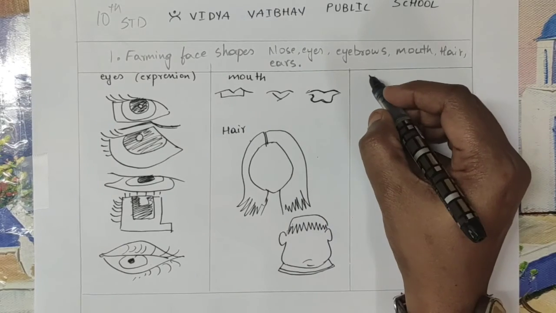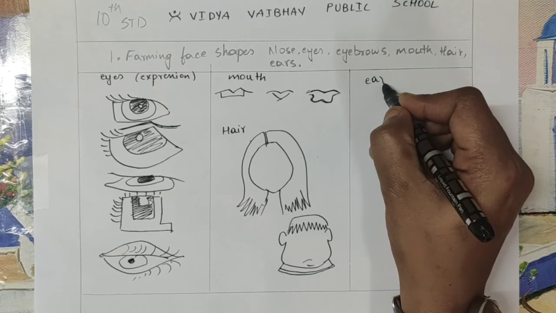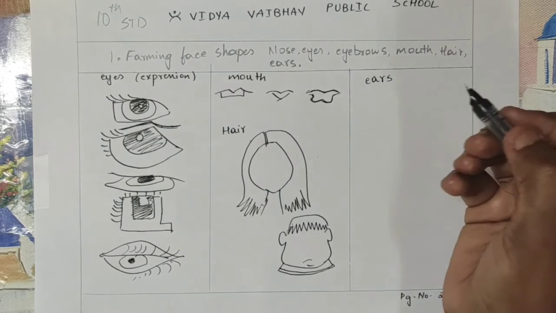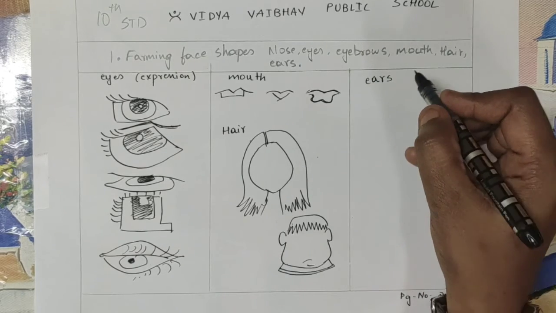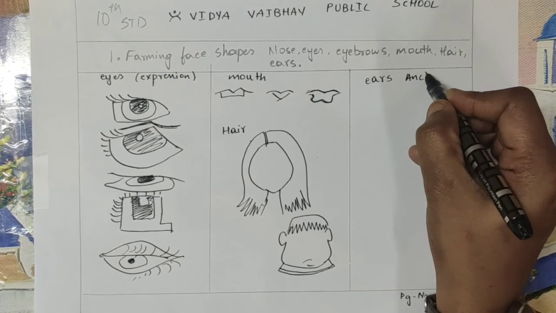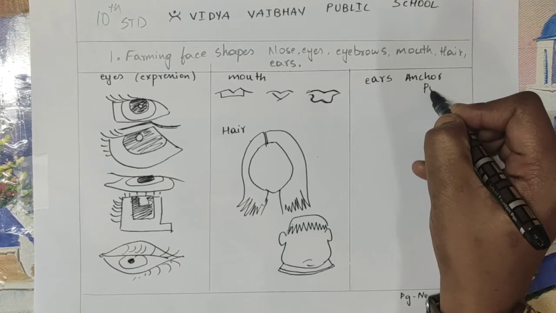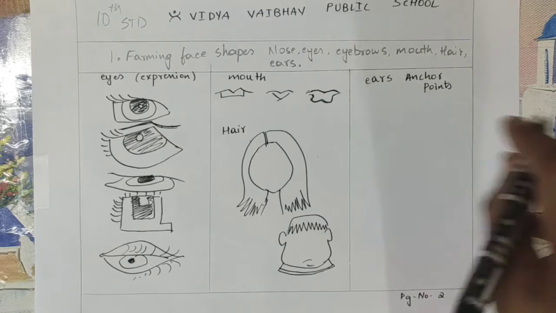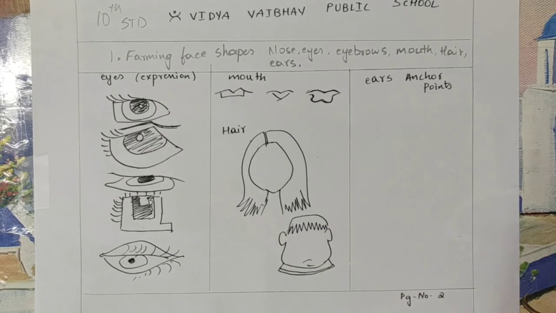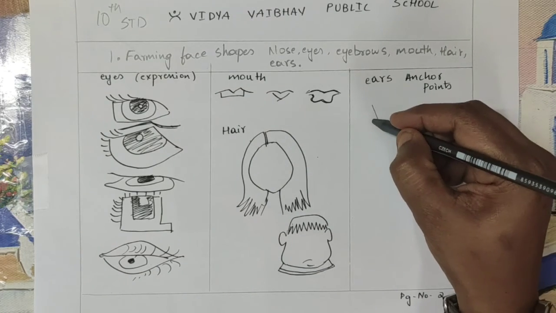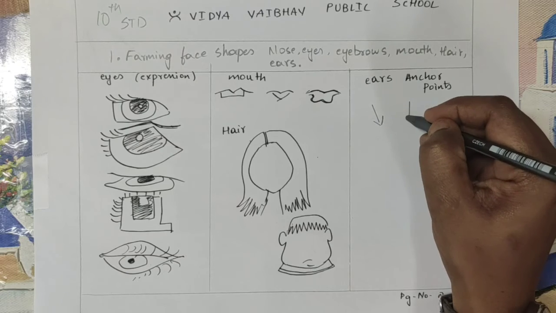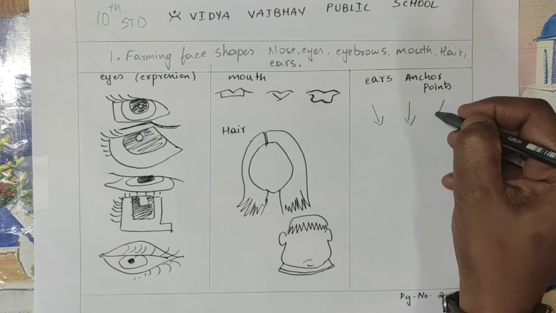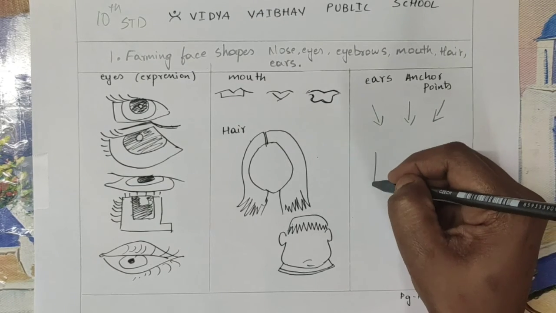The final topic we'll go for is the ears. Okay, for these ears, the anchor point will always be at this angle, I'll give it in pencil. Then I'll draw the ears. So in these types of angles we can see the ears.